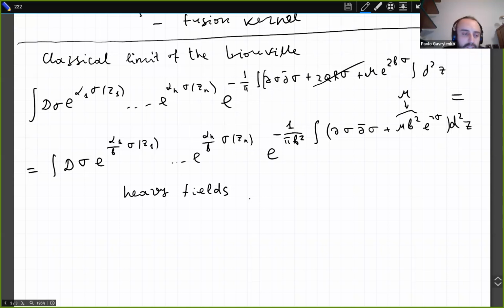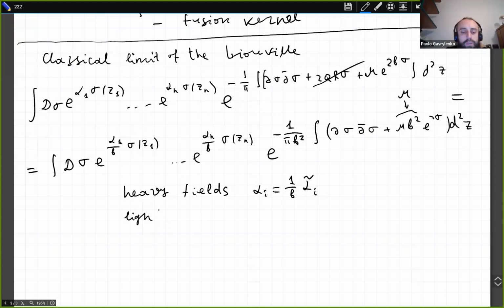So this is something not very nice, and we actually want to consider the fields such that the alphas behave like 1 over b, alpha I tilde. If we choose such scaling of their charges, then these exponentials will be of the same order as this classical action, and they will affect the classical equations of motion, if you want to consider a saddle point.